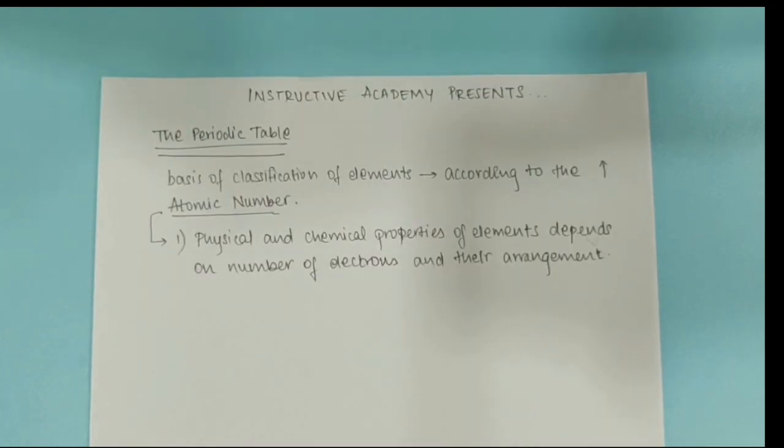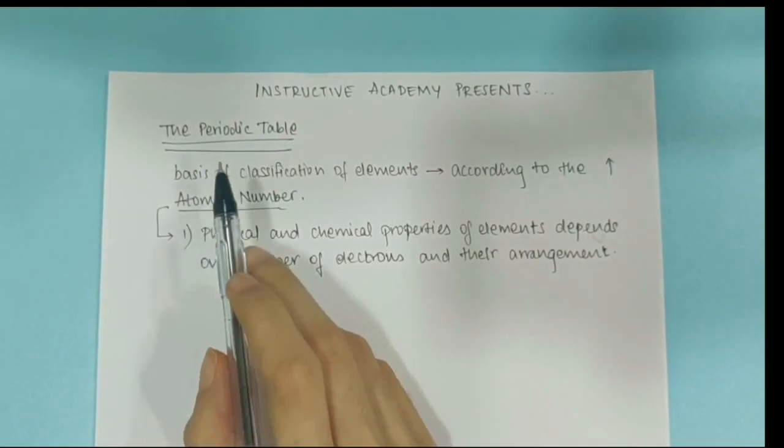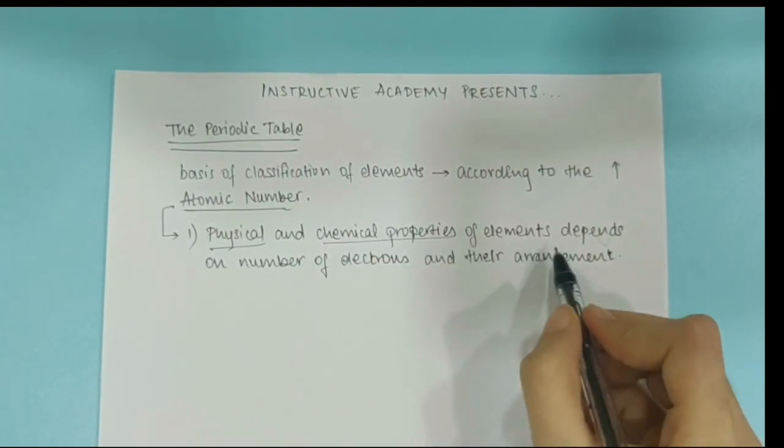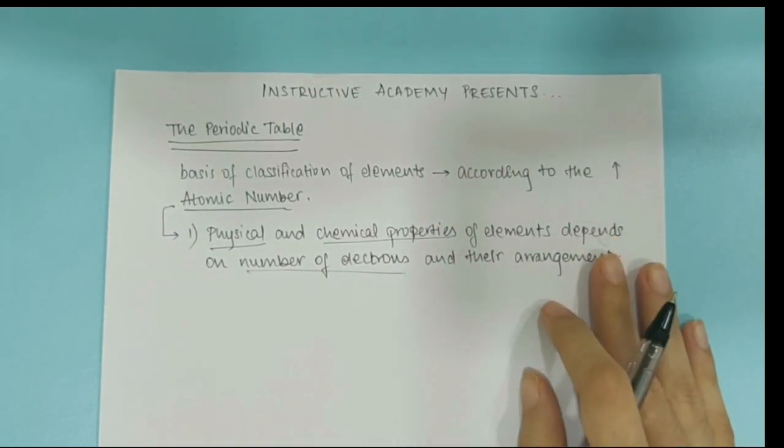So the basis of classification of elements was done according to the atomic number and not the atomic weight. Why? Because the physical and the chemical properties of the elements depend on the number of electrons and their arrangements.